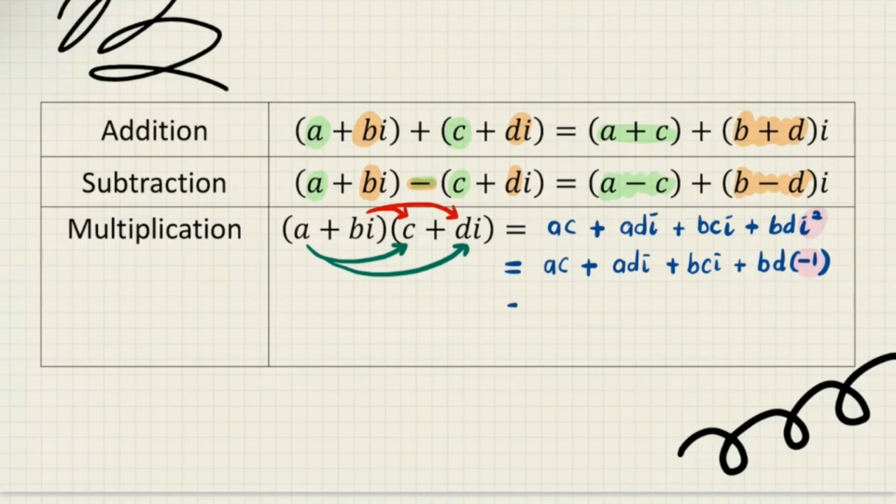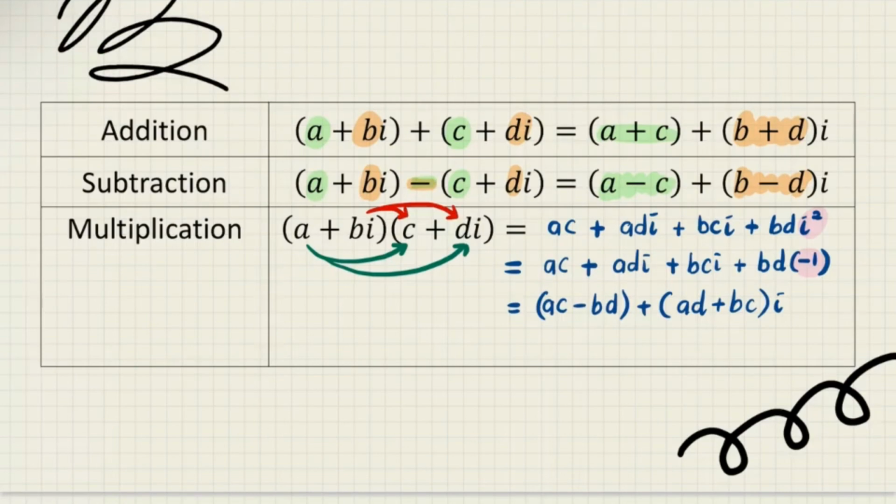And then the real part is AC minus BD plus AD plus BC of I. So now kita asingkan dia ikut real part apa, imaginary part apa. Okay, so simple je untuk multiplication.